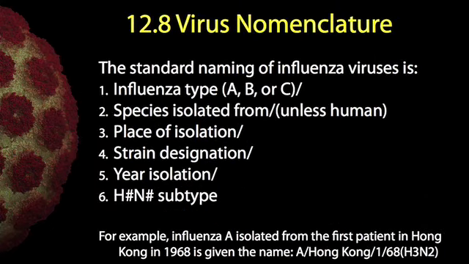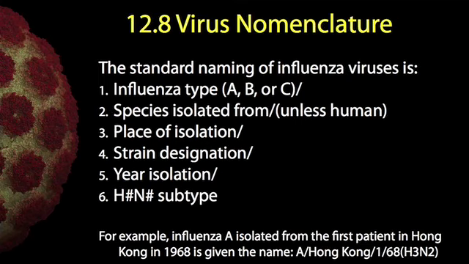Now, because influenza viruses are constantly changing, there's a fairly sophisticated naming system that allows scientists to basically differentiate between different strains of influenza virus.